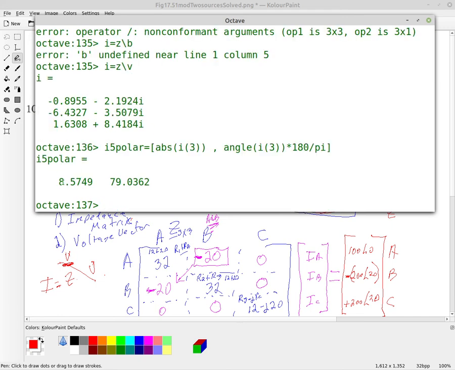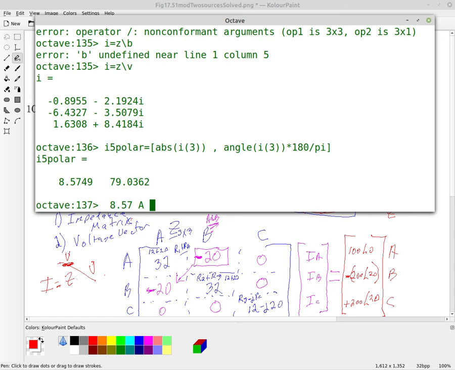And so there is my answer. My answer is 8.5749 amperes at 79.0362 degrees. If I'm going to put this into Blackboard, I would type in 8.57. There's a 4 to the right of the 7, so we don't round up.